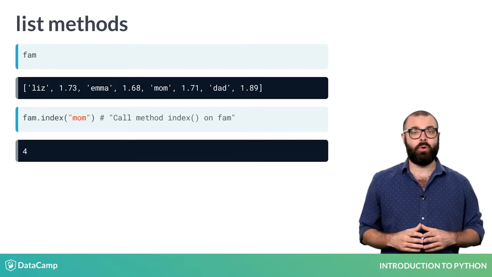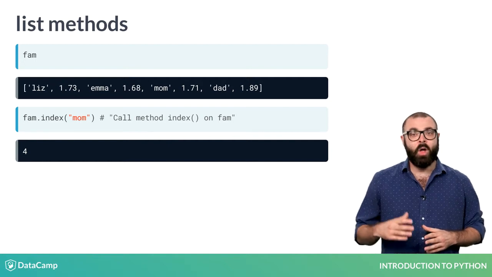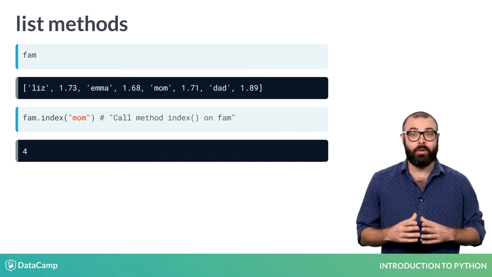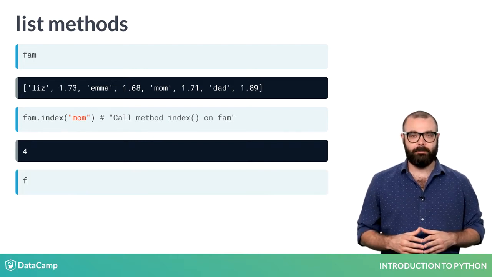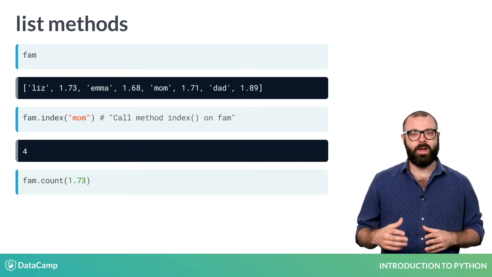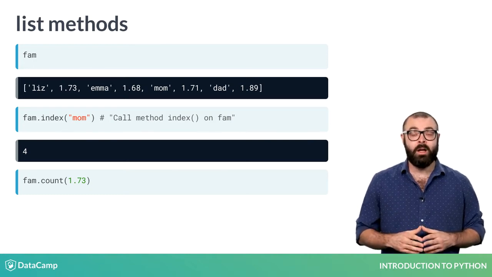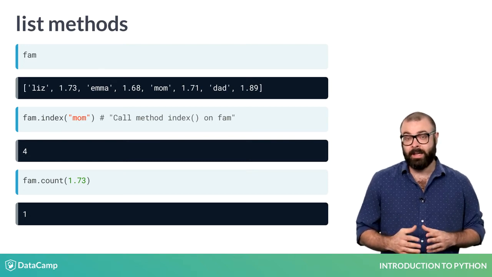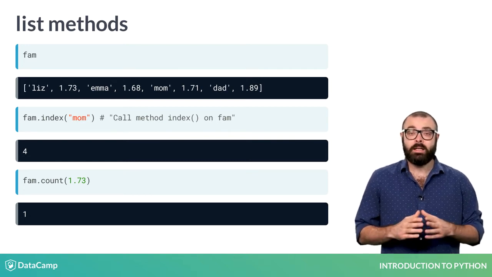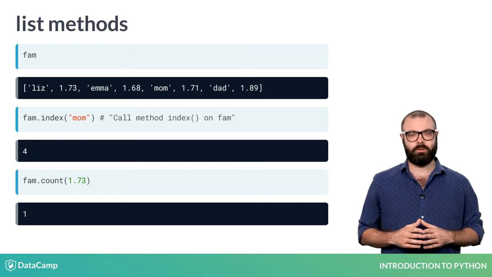Python returns 4, which indeed is the index of the string mum. I called the index method on the fam list here, and the output was 4. Similarly, I can use the count method on the fam list to count the number of times 1.73 occurs in the list. Python gives me 1, which makes sense because only Liz is 1.73 meters tall.